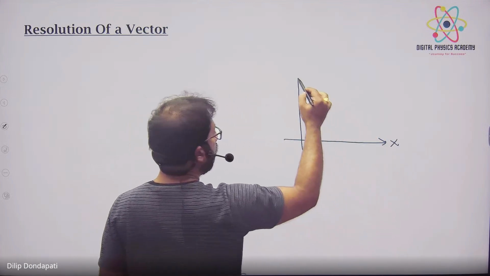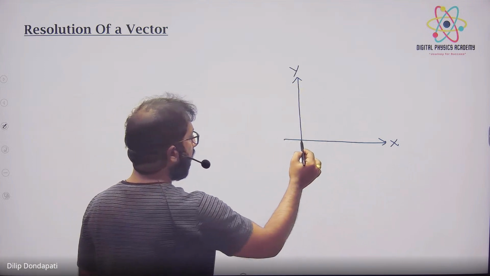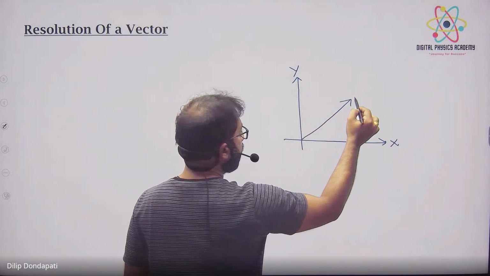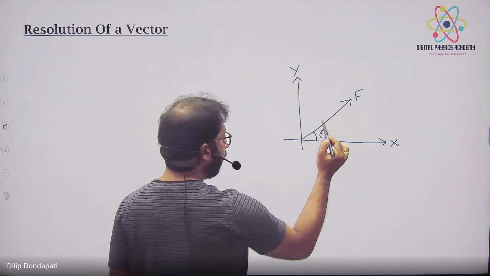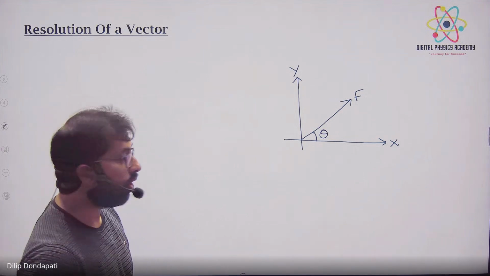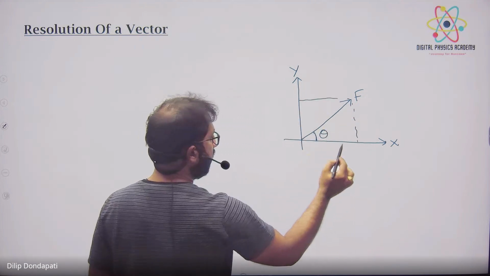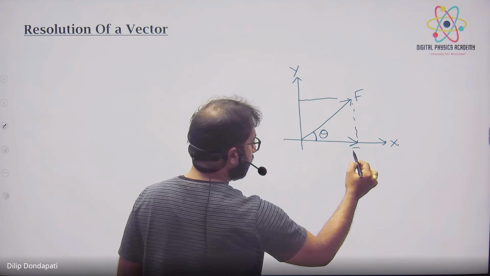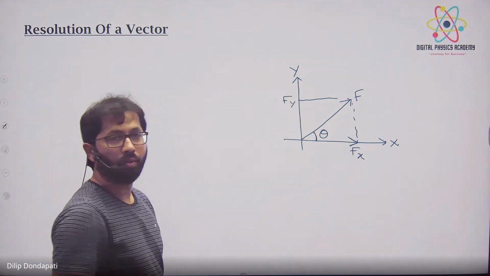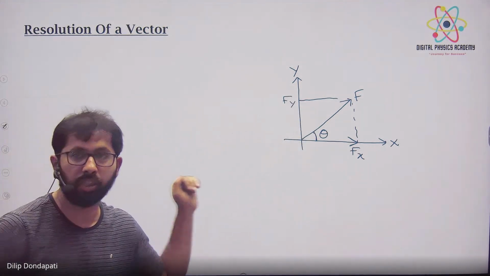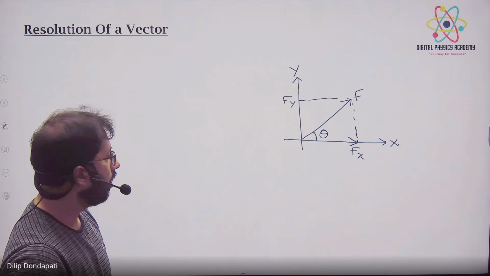Suppose x direction, y direction. I have the force F vector, angle theta. I want to resolve these components along the x direction and y direction. The x direction I may call Fx, and the y direction Fy. How much force is going in the x direction, and how much force is acting in the y direction on the suitcase?